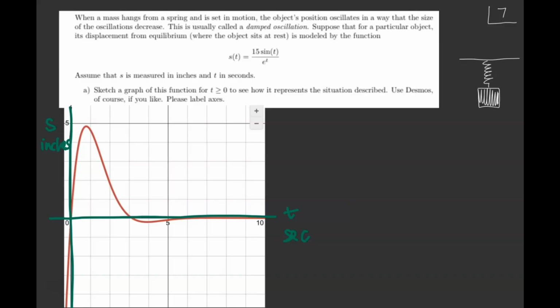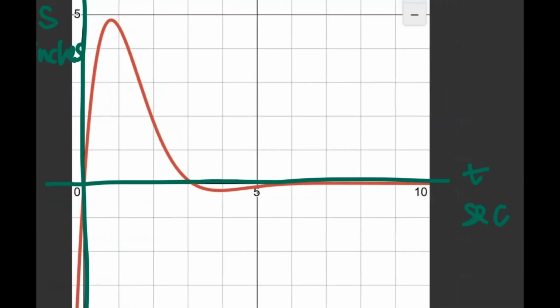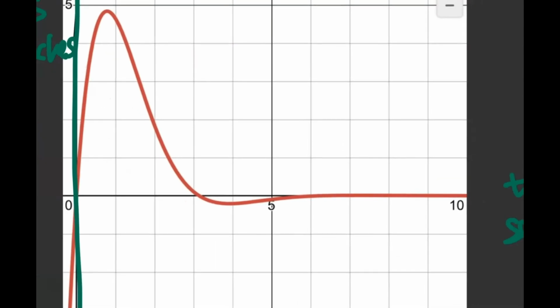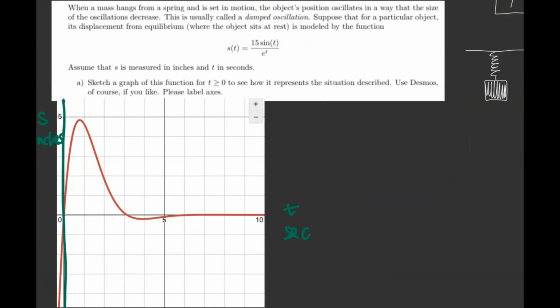And we can see that it gets pulled apart, and then the dampening of the oscillations really starts happening quickly. Okay, I'm going to take off this big thick green thing because it happens so quickly that within 10 seconds it's pretty much back at equilibrium. Okay, so we did that first part.